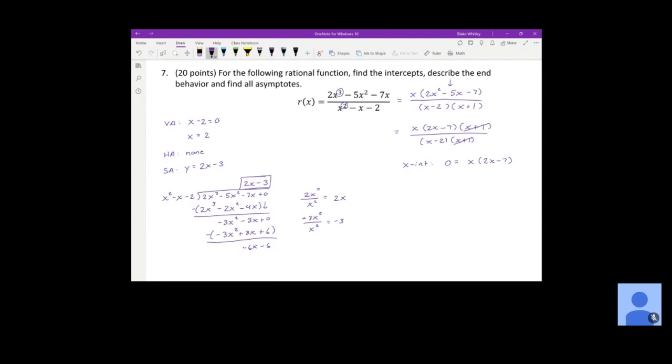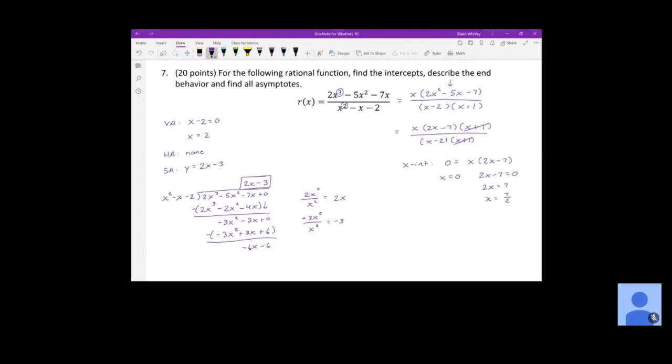Now, once we have that, now we can just set each one of those factors equal to 0. So that's going to give us x equals 0 or 2x minus 7 equals 0. So one of our x-intercepts is definitely 0, and then the other one's going to give us what? Good, just move the 7, divide by 2, and so we end up with x equals 7/2.